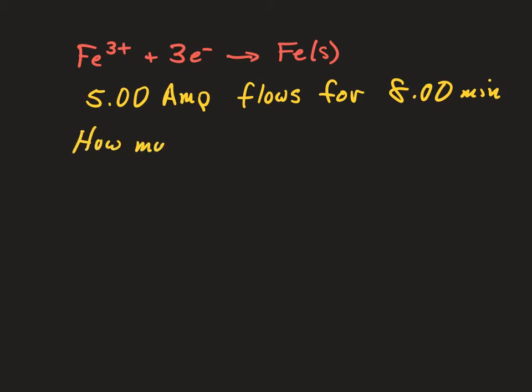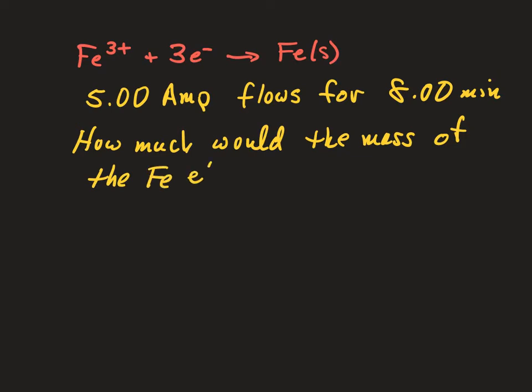How much would the mass of the iron electrode increase? That is a reasonable question. So, how do we work that out?